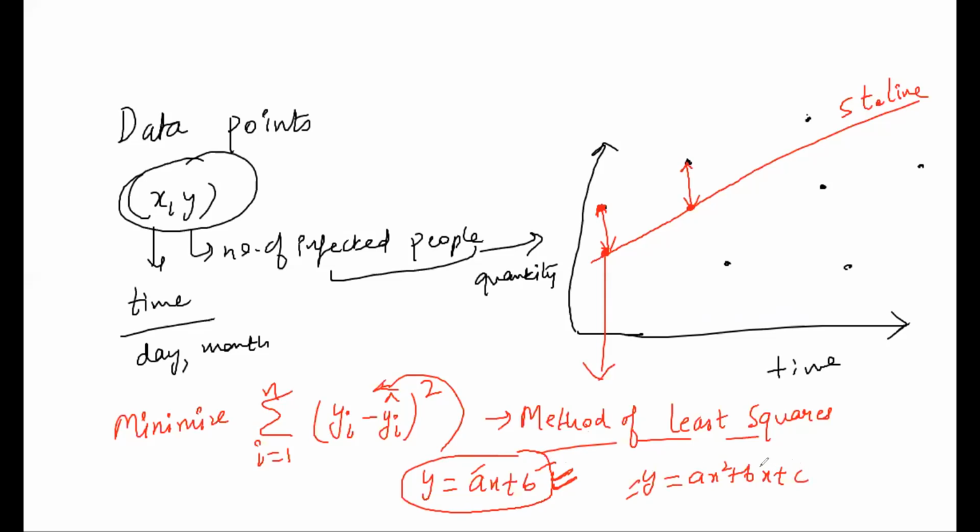So what is that quantity which will tell you which fit is better, whether a linear was better or a quadratic was better, or even a cubic polynomial would be better, or it will be worse. So there should be some comparison of a certain quantity which should tell you which fit is better.